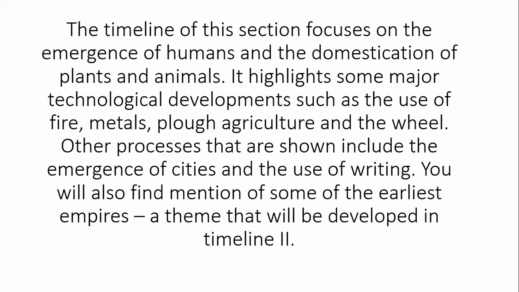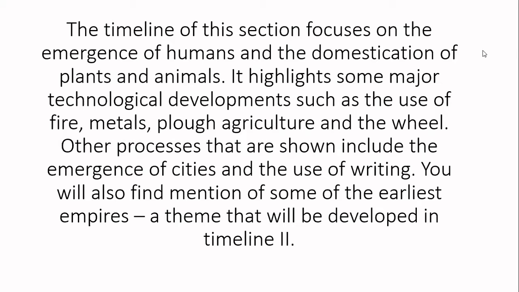So the timeline of this section, that is section 1, focuses on the emergence of humans, the domestication of plants and animals. It also highlights major technological development like use of fire, metals, plough agriculture, and wheel.